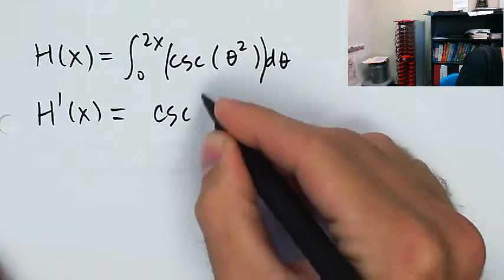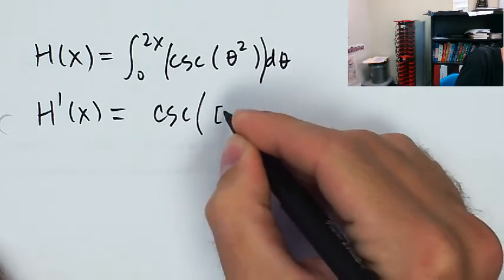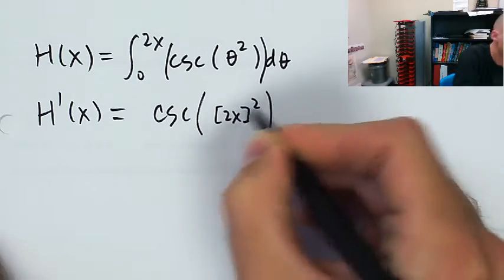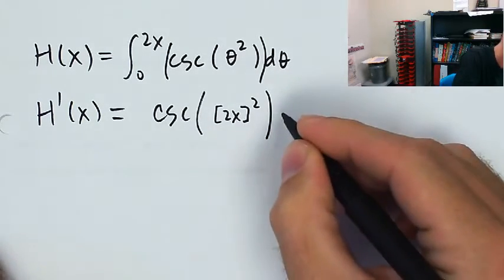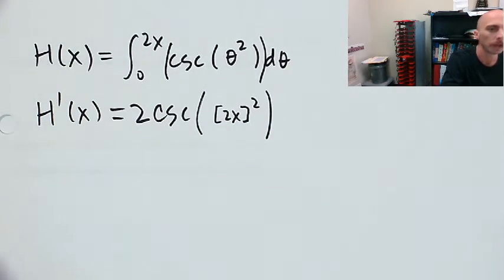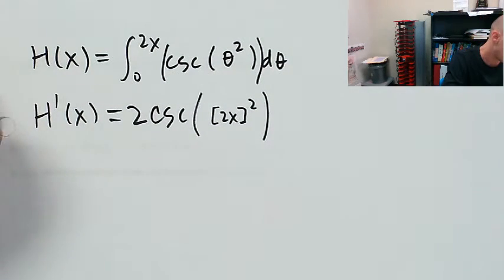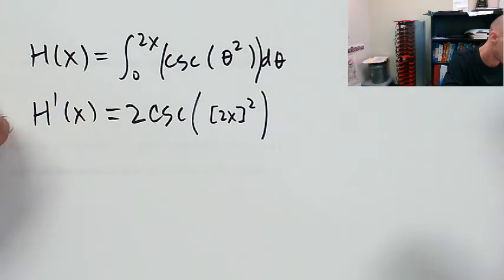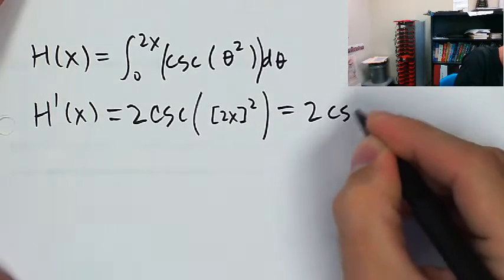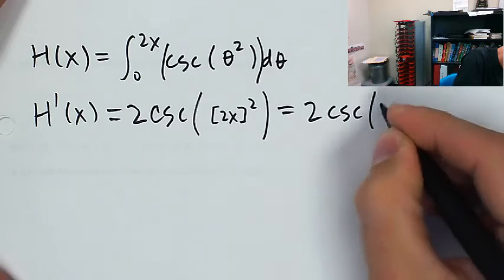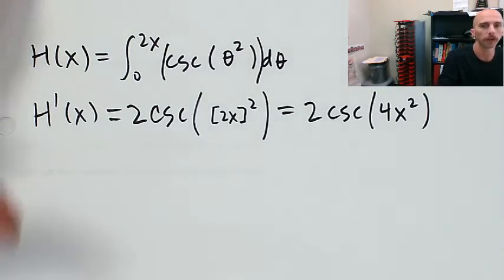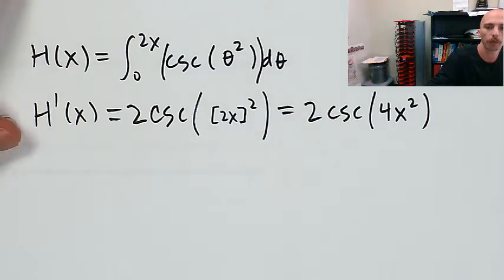So cosecant of, now I do need to be careful and replace theta with all of 2x, right? So we're squaring that. And then multiplied by 2 for the chain rule, because the derivative of 2x is 2. All right. So now, what am I going to do here? Yes, I think I'm going to rewrite this as 2 cosecant of 4x squared to make it easiest on myself when I'm taking the second derivative, you know, on a chain rule level.